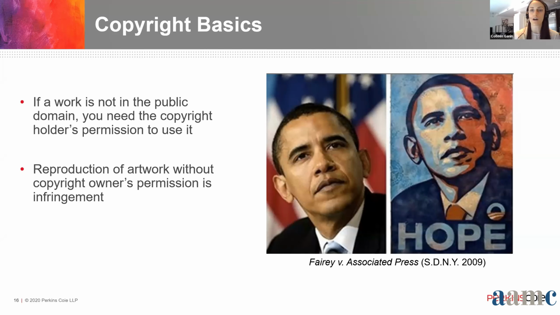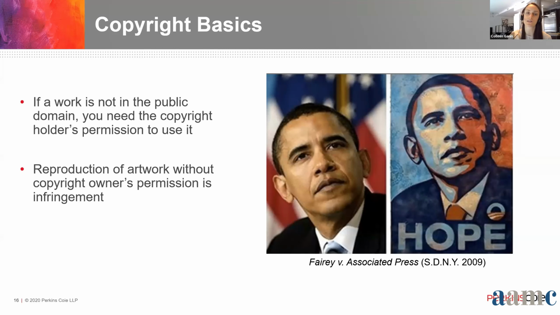This image here relates to a case called Fairey v. Associated Press, which is an interesting illustration of this notion.